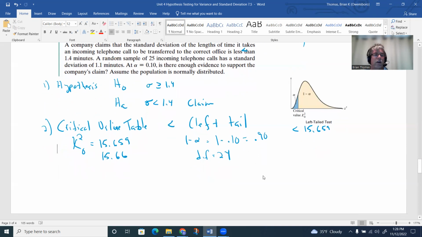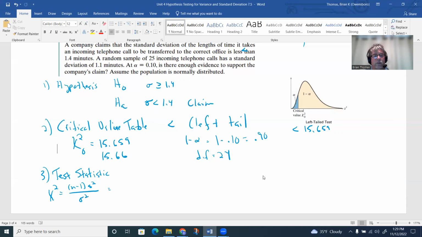Once we have that, our next step is to find the test statistic. We're going to test this against our critical value. To find this chi-squared test statistic, we have to use n minus 1, which is the degrees of freedom, times the variance of the sample divided by the hypothesis variance.